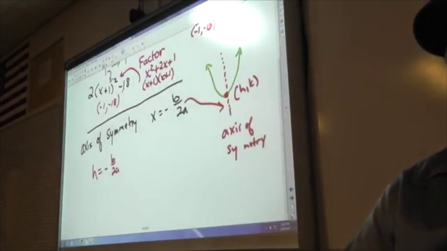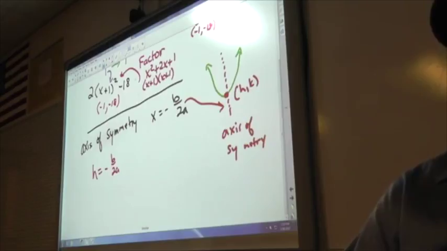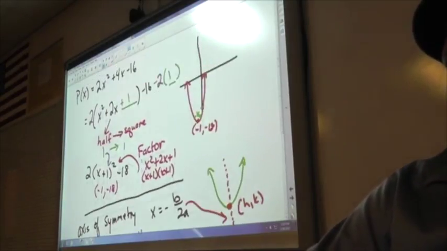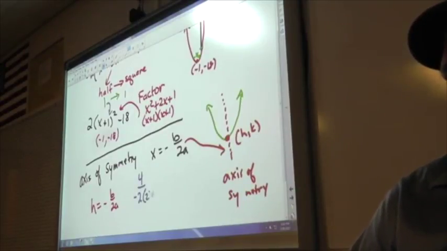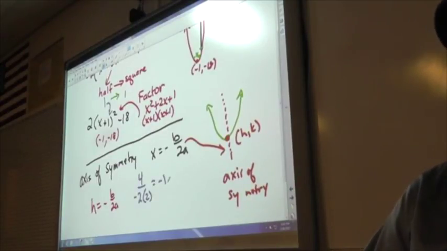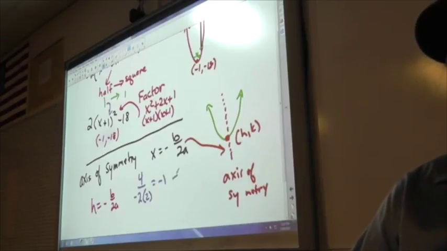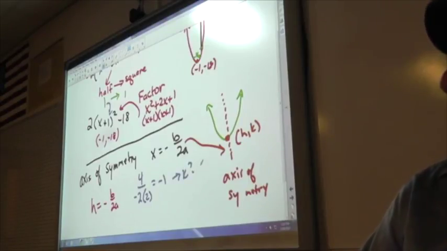4, in this case, it would have been 4 over negative 2 times 2, which is negative 1. Now the question is, what is k? You plug it into the formula?